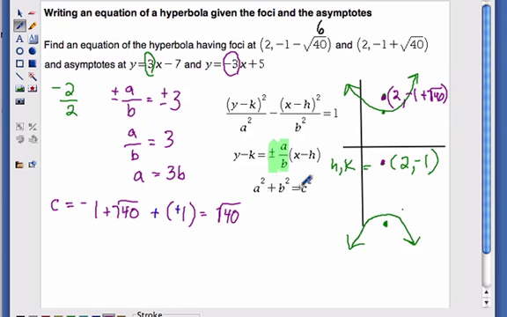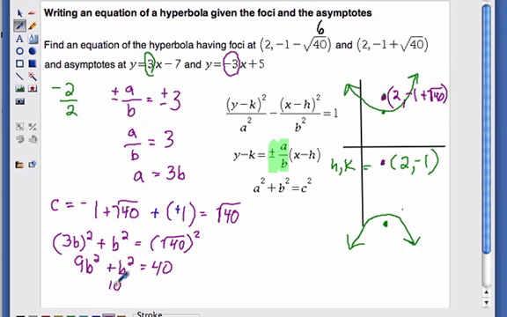So now we're going to plug that into this formula here. We replace a with 3b, so we get (3b) quantity squared plus b squared equals c squared, and we know c is the square root of 40, so it's the square root of 40 squared. This gives me 9b squared plus b squared equals 40. I add these two values together: 9 plus 1 is 10, so I have 10b squared equals 40.